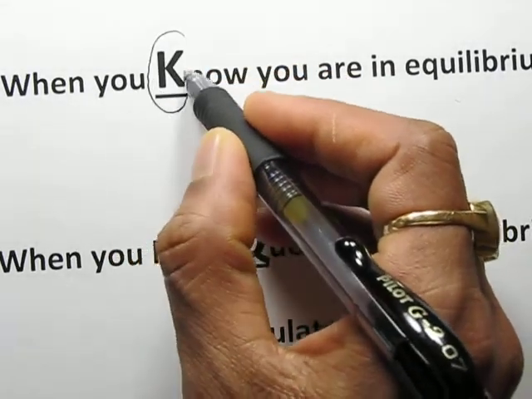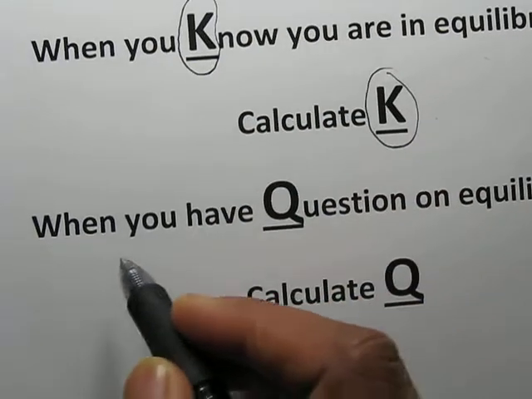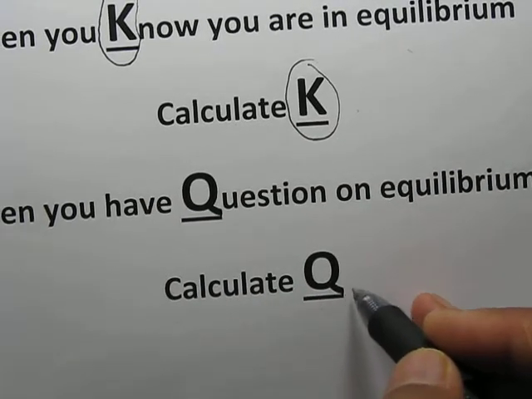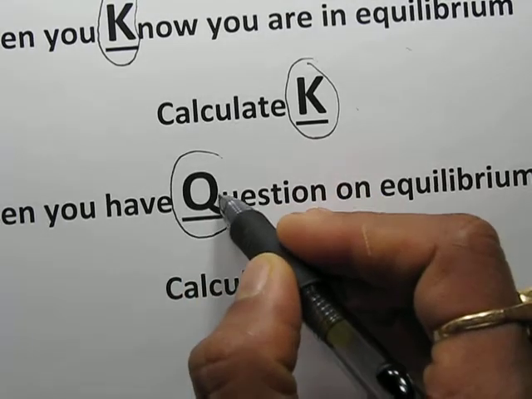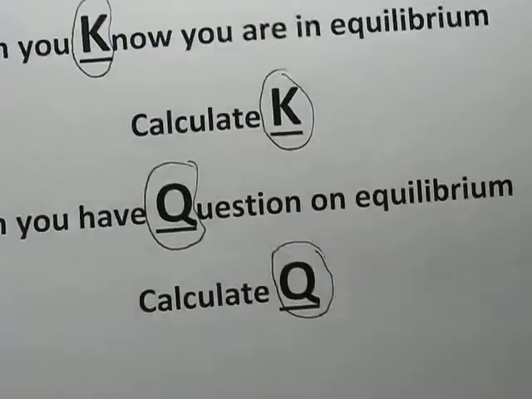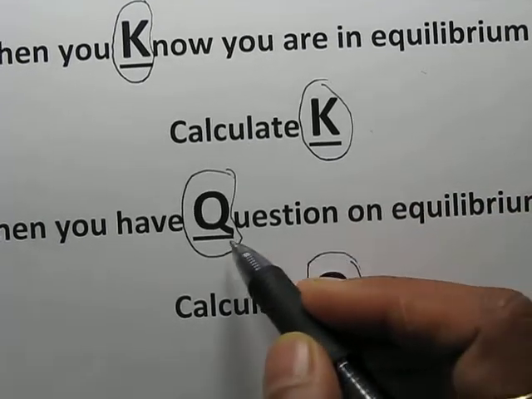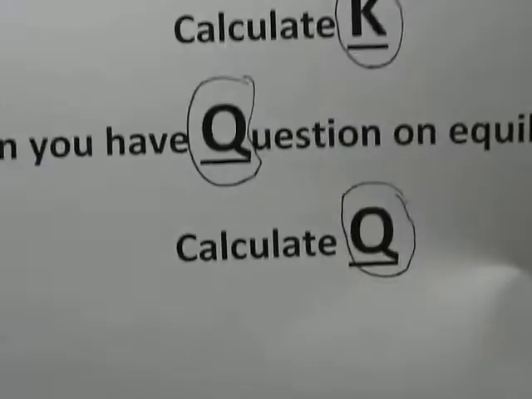When you know, then calculate K, and when you have a question on equilibrium, then calculate Q. So when you do not know and you are questioning whether your reaction reached equilibrium or not, we calculate Q. So this is very good information to know whether we reached equilibrium or not.